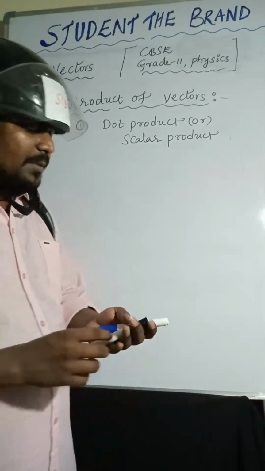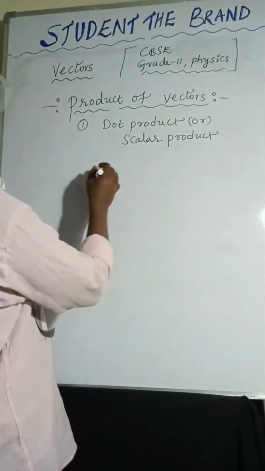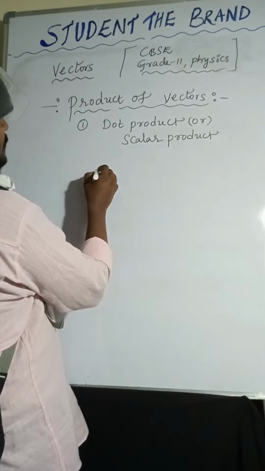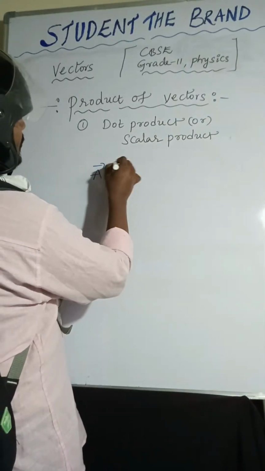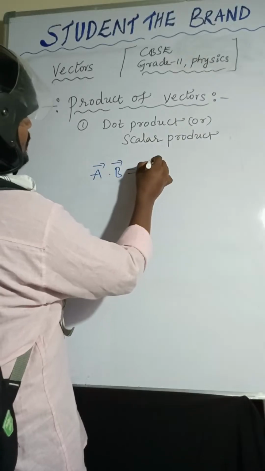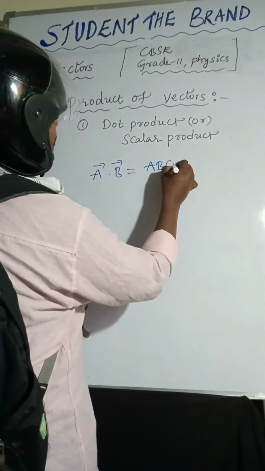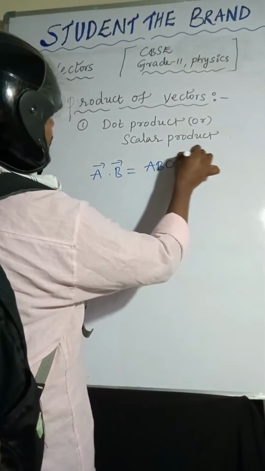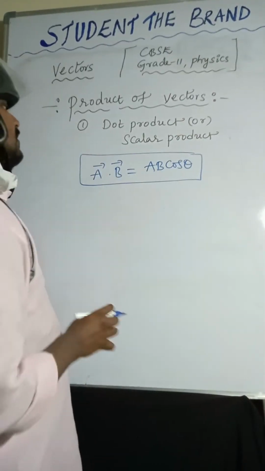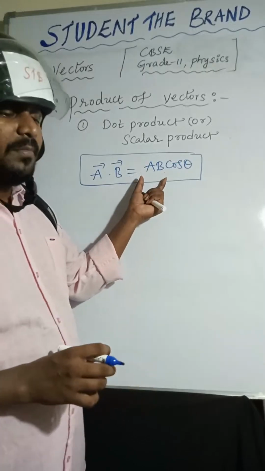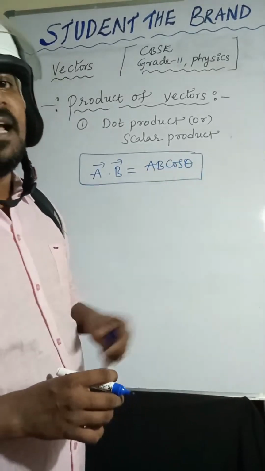A bar dot B bar, if you are taking the dot product, equal to AB cos theta.